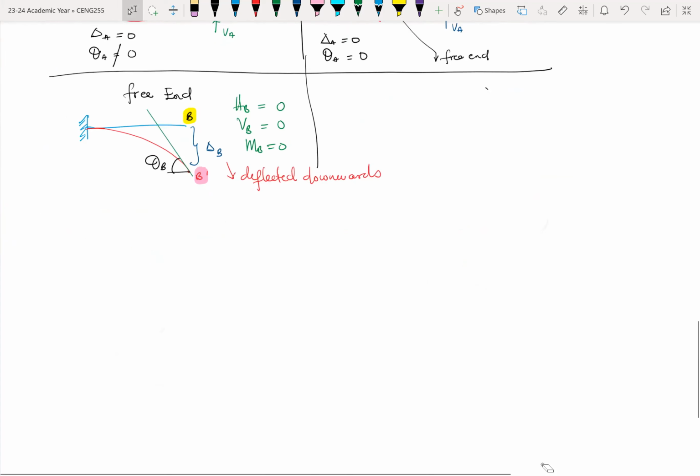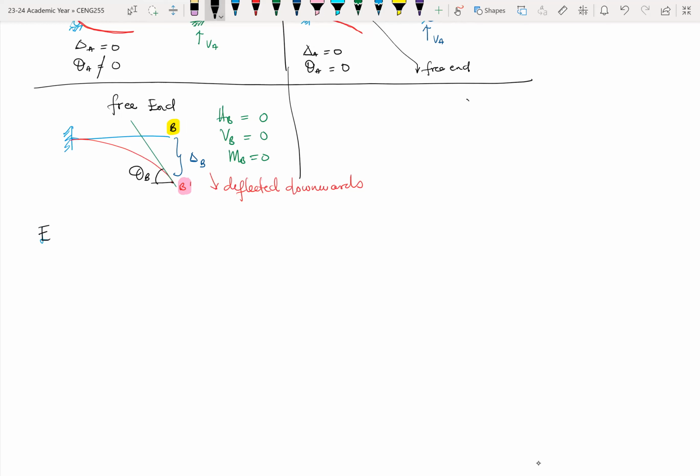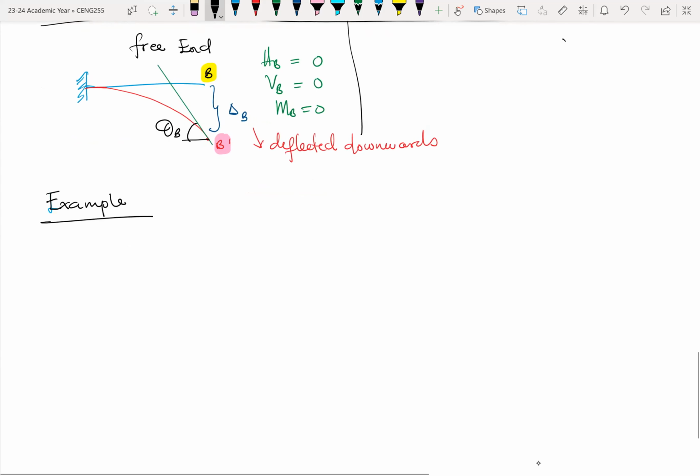So let's look at an example of a proper case. Let's say I have a beam, and then I have a load P applied on the beam.